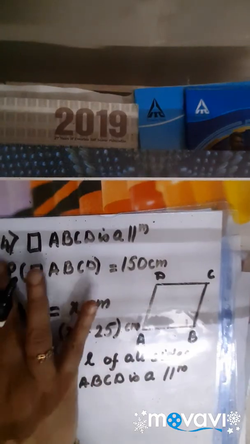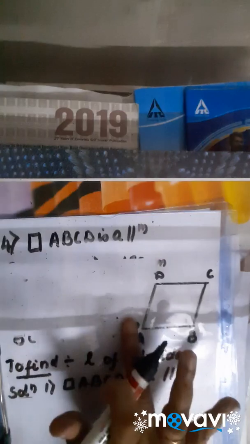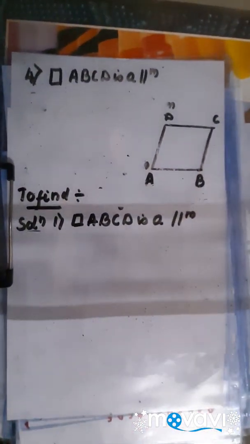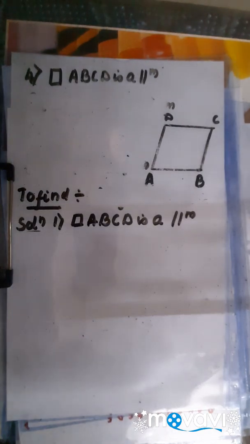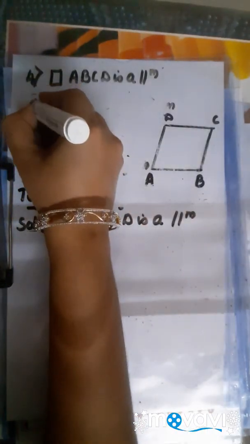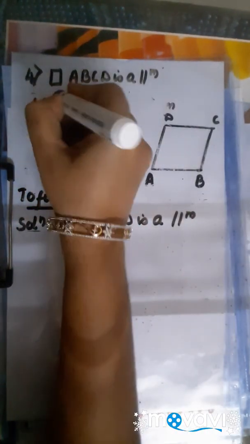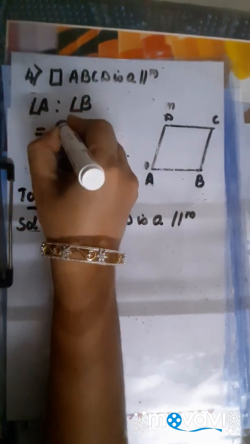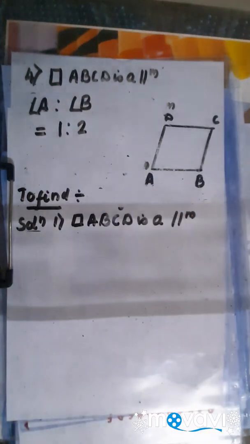Now they are saying that the ratio of the adjacent angles A and B, so A ratio B is equal to 1 is to 2, correct? 1 is to 2.